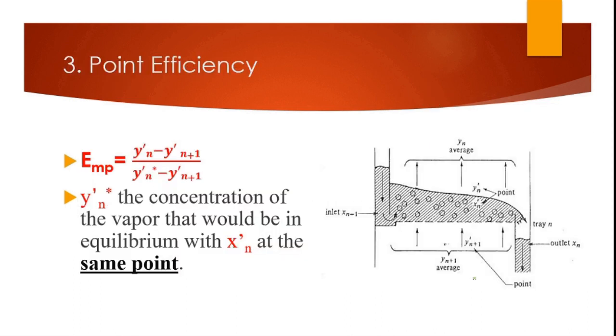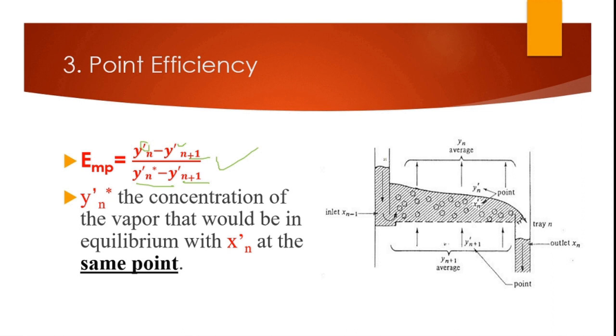Next, point efficiency. This understanding is also very important. The difference between our past Murphy efficiency and this notation is only this dash sign over each of the terms.